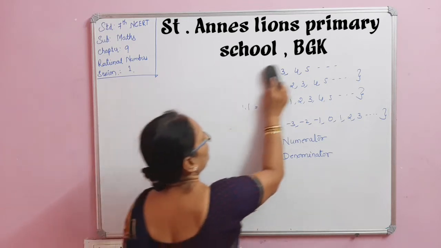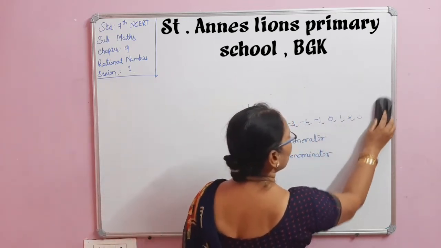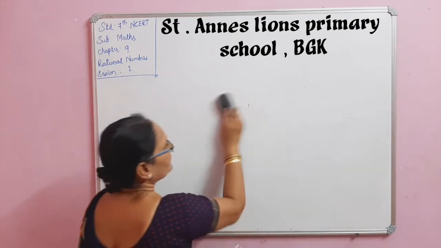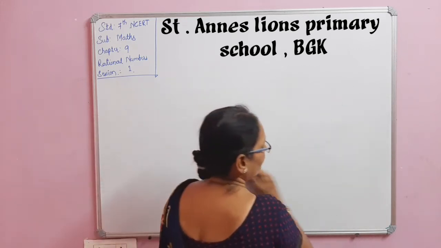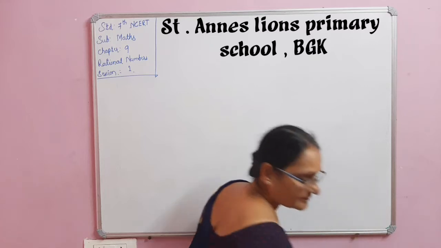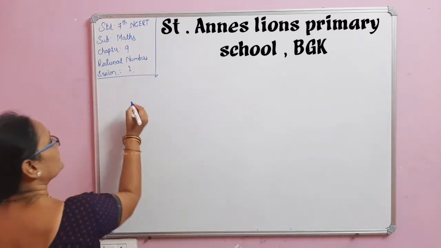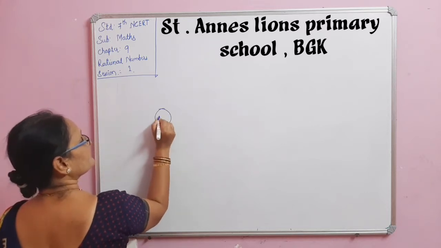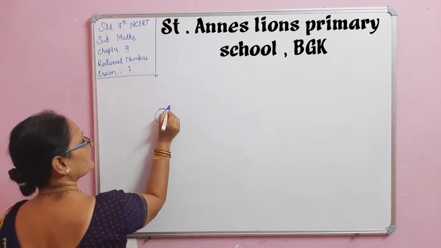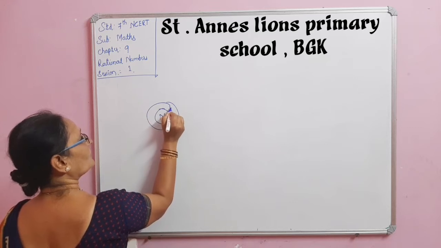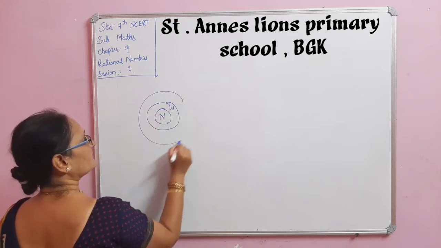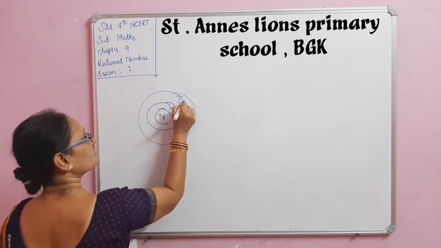This rational number set includes even the natural numbers, whole numbers, integers. It's a very big set. How will the big set be? See, this is the natural number set and this is the whole number set and this is integers.